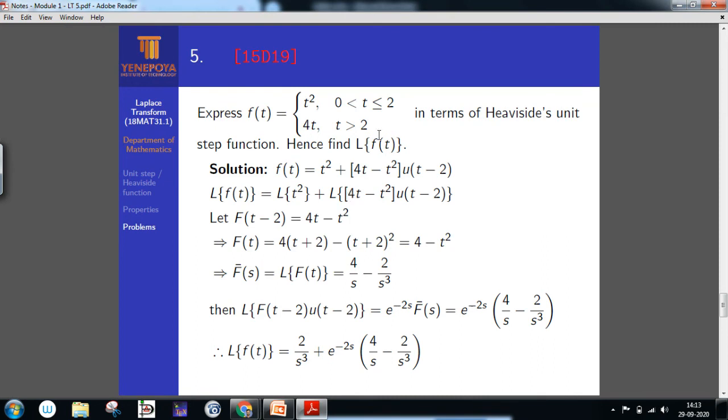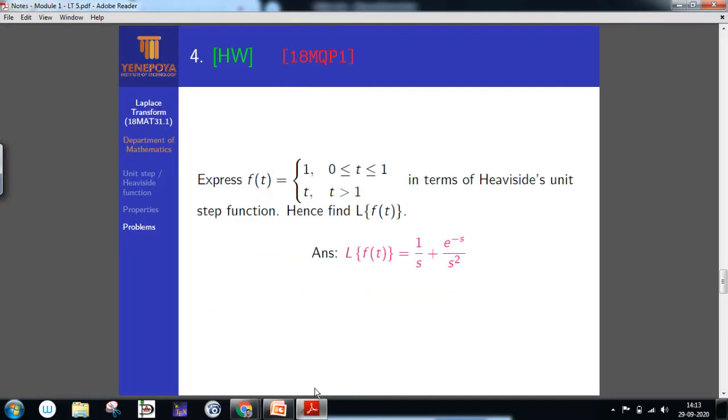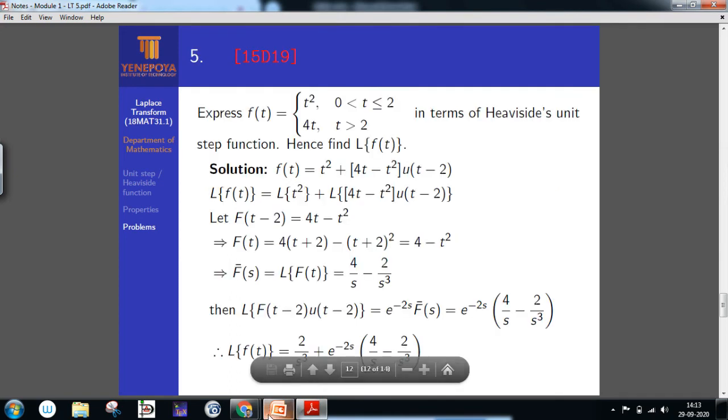I will solve this fifth problem. Let's solve problem number 5 now. That is, f of t is given.